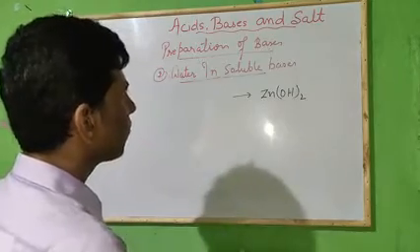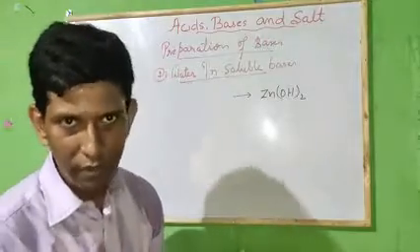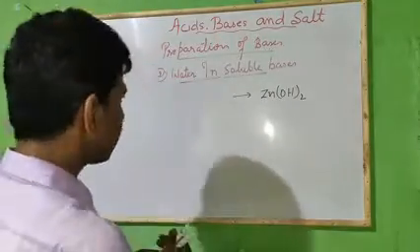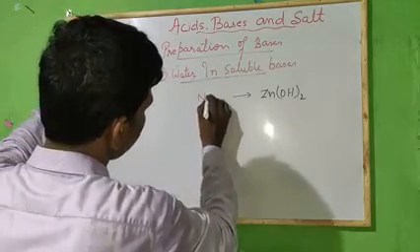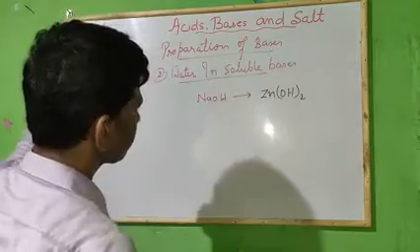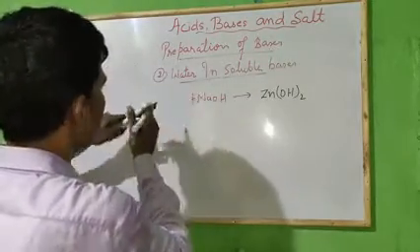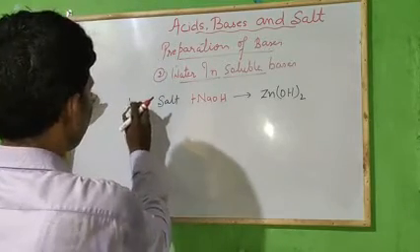To make a water insoluble base, what raw materials do we need? We need one alkali, that is sodium hydroxide, and one more thing, a water soluble salt.